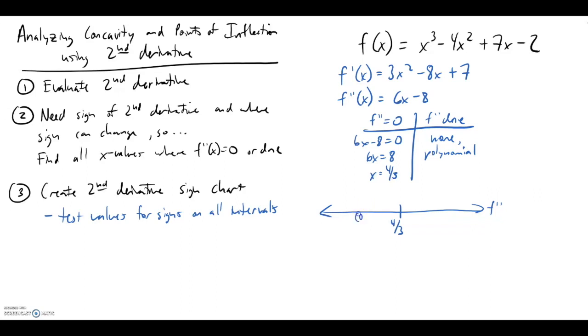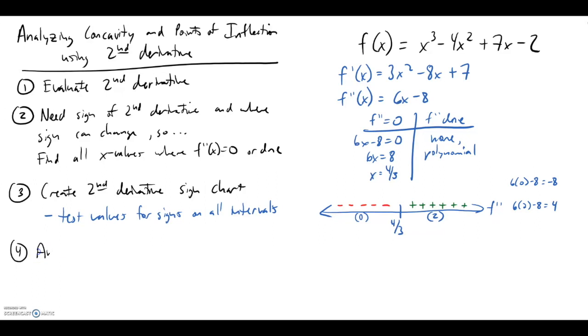So a test value to the left of 4/3 would be 0, one to the right would be 2, and we'll plug those into the second derivative. Substituting in 0 would give us a negative value, so this entire interval, all the way up to 4/3, must be negative. There was no other spot for it to possibly change signs. And substituting in a 2, we get a positive value, which means everything from 4/3 off to the right must be positive values.